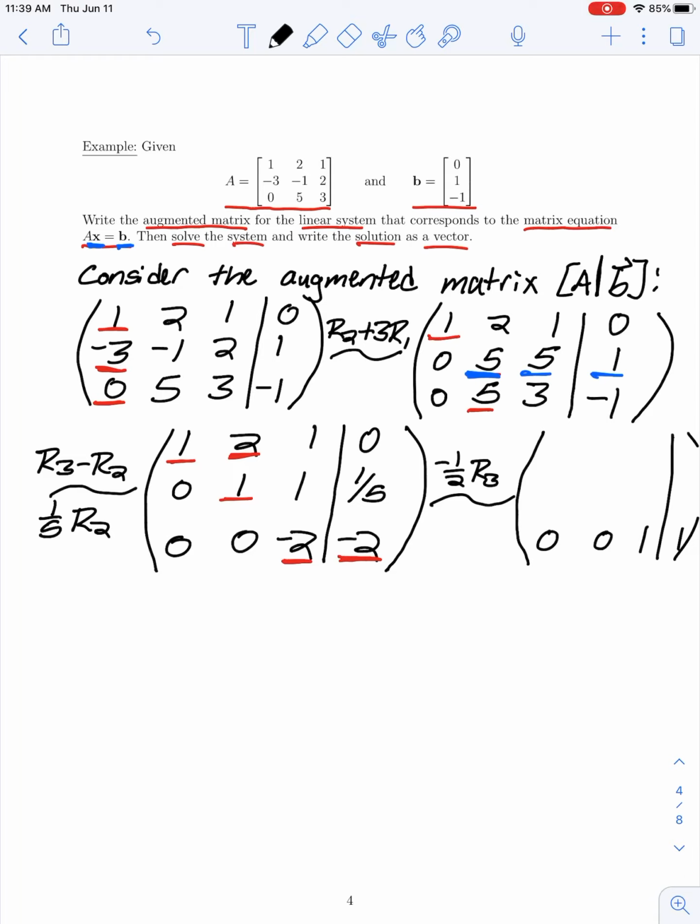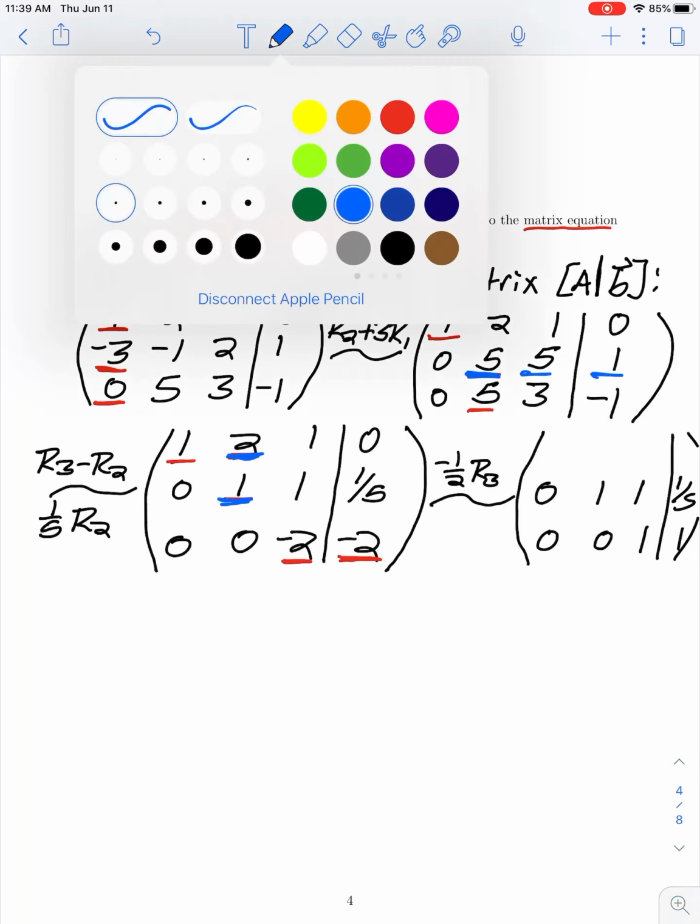My second row, I'm going to leave alone for right now. I've got 0, 1, 1, 1/5. And I'm going to try to kill off this 2 in the second column of my first row using this pivot position of 1 in the second row's second column.